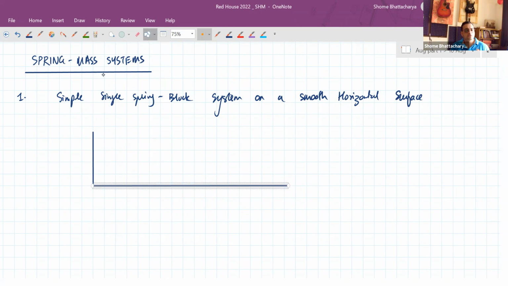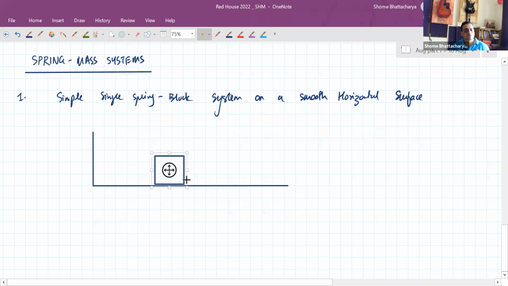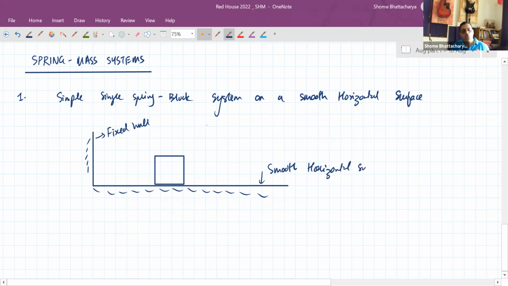Suppose this is some kind of a smooth, frictionless horizontal surface, and there is a rigid wall on one side. It's a fixed wall. Now we place a block of mass m and we have attached it with a spring of constant k.